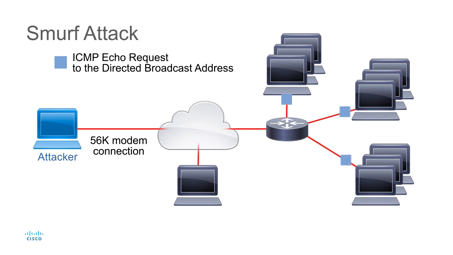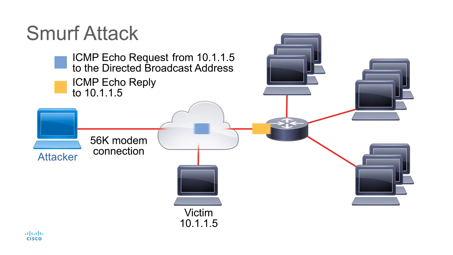It goes into the network where that directed broadcast was sent, and it hits the network. It's a directed broadcast, so all the machines on that network are going to reply back, and the source address was spoofed. The source is this poor little victim sitting down here, and all of a sudden, bang, all of these machines are replying back to him, and he's getting thousands of ICMP echo replies coming back.